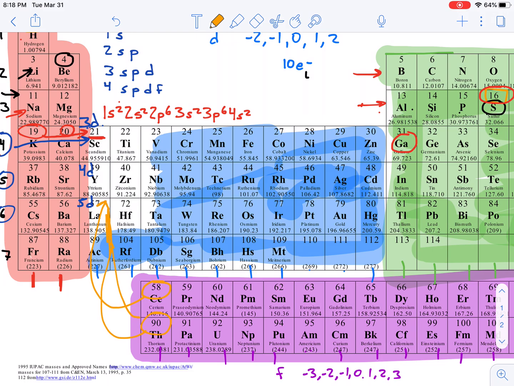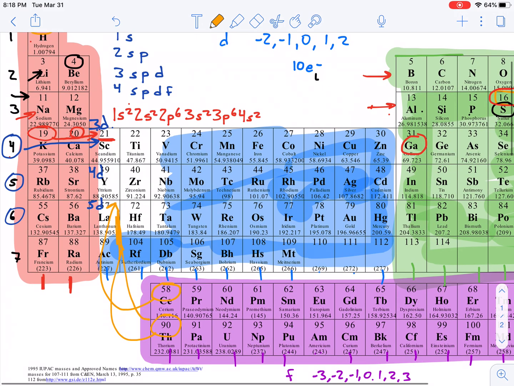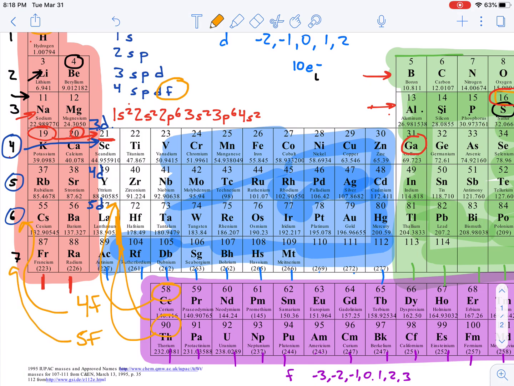It belongs up in this area, which means that if this is our f sublevel, and f has to start in the 4th energy level, then this is 4f, and this is 5f. So you actually have to subtract 2. 4f happens in the 6th energy level. 5f happens in the 7th energy level. So for f, you actually subtract off 2. For d, we subtract 1 from the energy level. For f, we subtract 2.